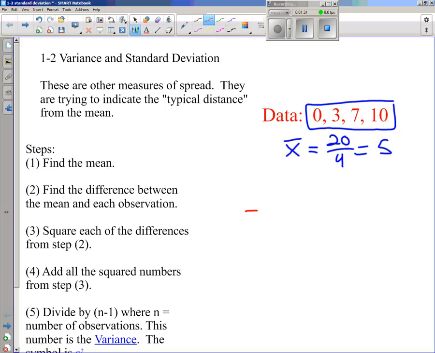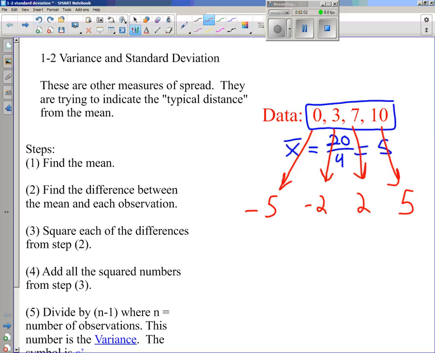Step 2: the difference between 0 and 5 is negative 5, 3 and 5 would be negative 2, 7 and 5 is 2, 10 and 5 is 5.